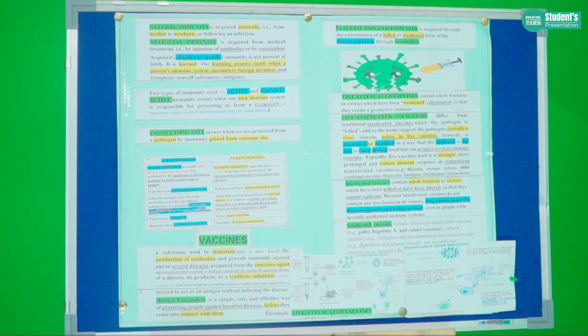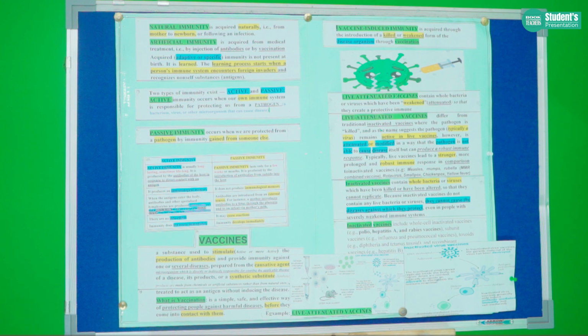Thereafter it has been categorized into two categories, that is two types of immunity. First one is active and the passive. So active immunity occurs when our own immune system is responsible for protecting us from the pathogen. अभी pathogen क्या है?